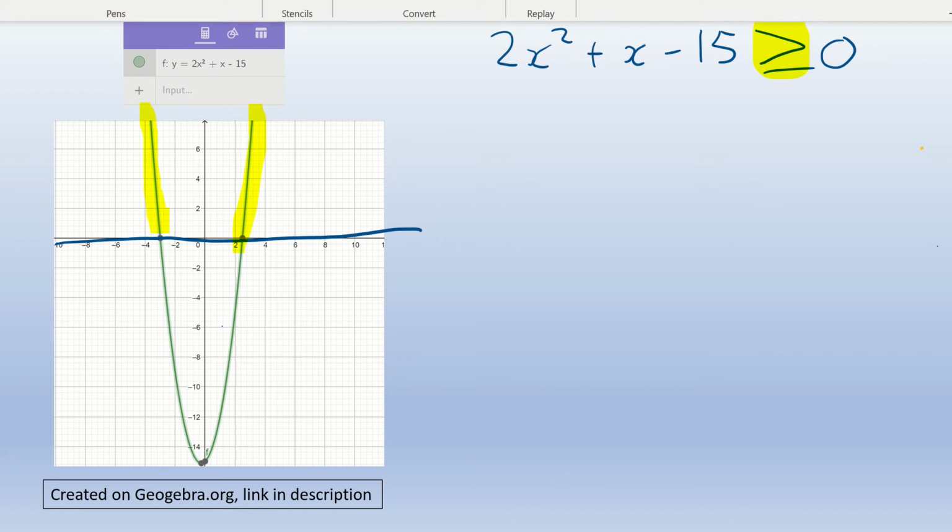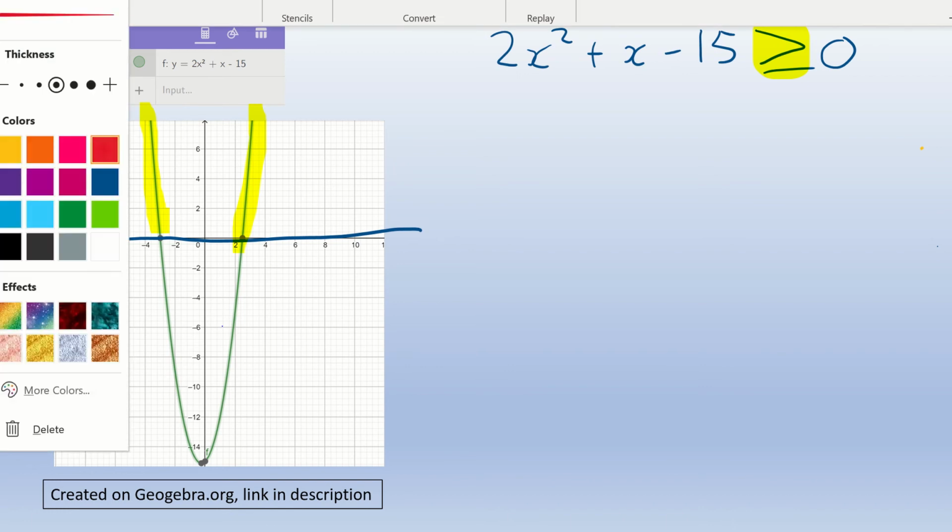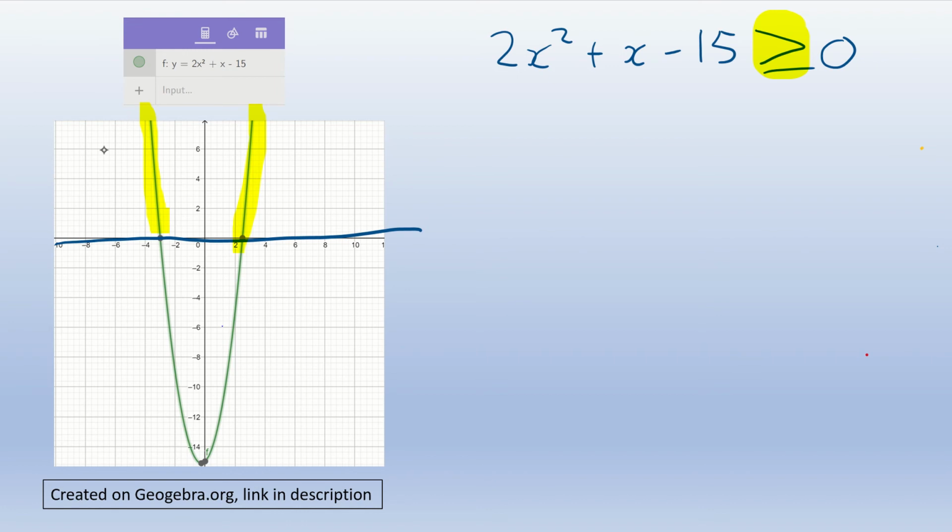Now here our roots really come into play. You will notice that from the point 2.5 onwards to the right hand side, as those numbers get bigger, my graph is going to keep getting bigger and bigger all the way up.